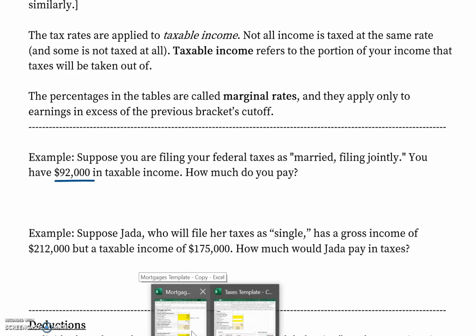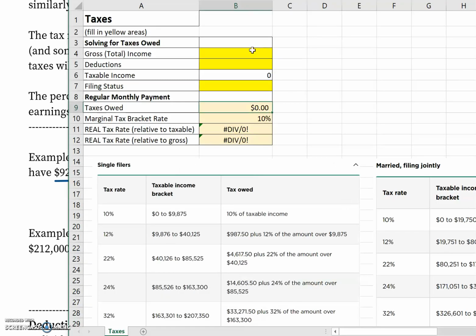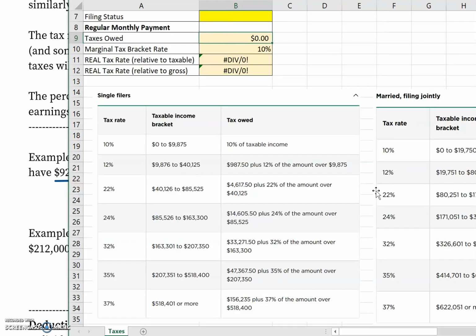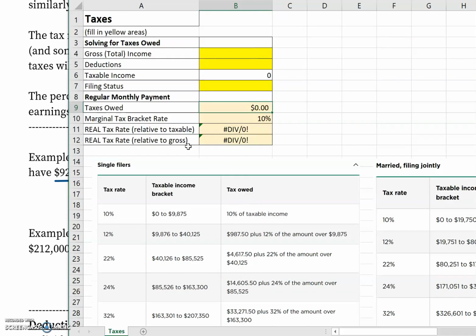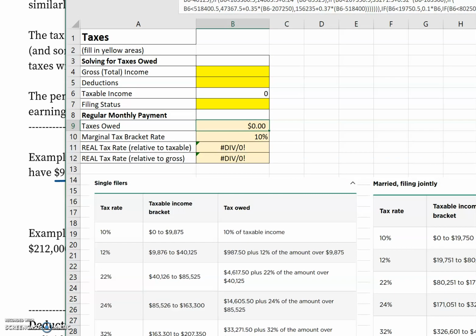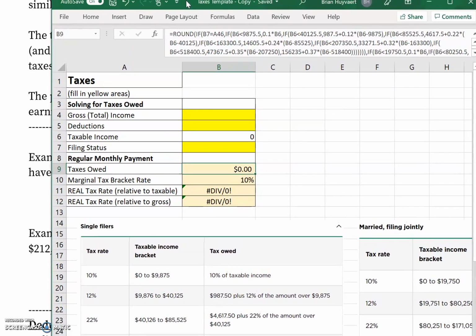Well, let's pull up our taxes template here. I put the overall, single and married filing jointly brackets in here just for reference, but you don't actually need those. It's just good to know what's happening. The other thing I wanted to mention is this formula up here, which isn't even all of it.